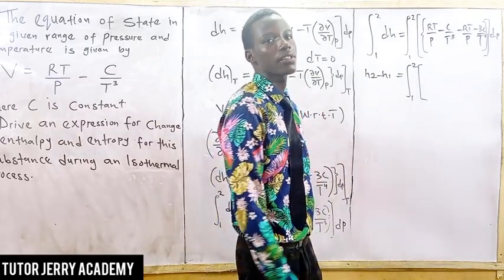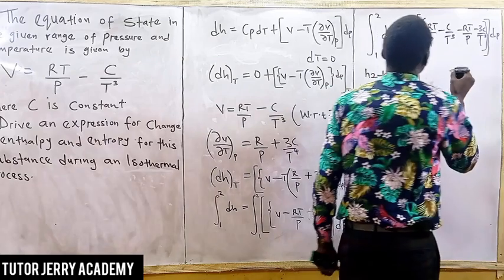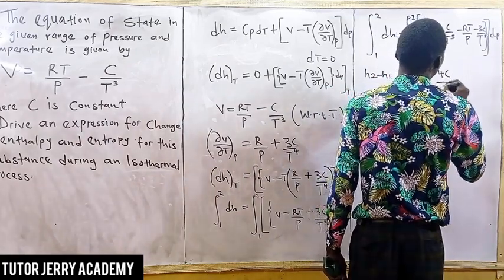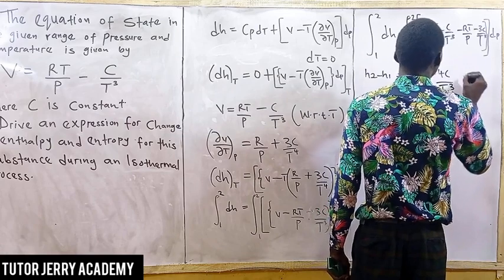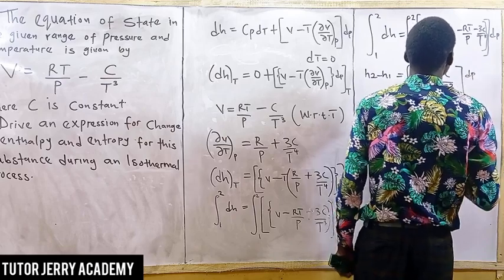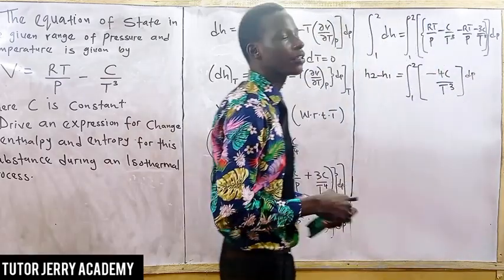If we do that, we are going to have minus 4C over T to the power of 3 dP. So this is what we are left with.